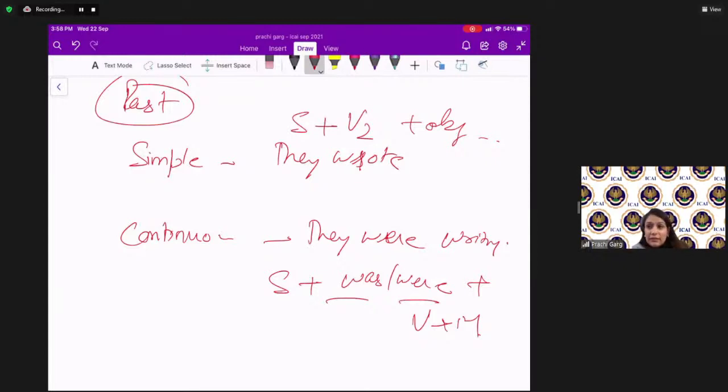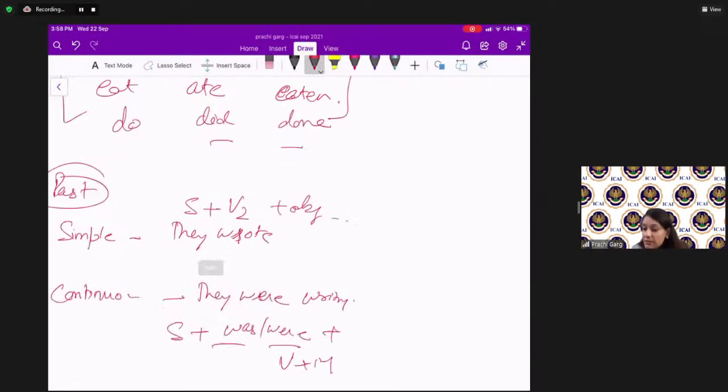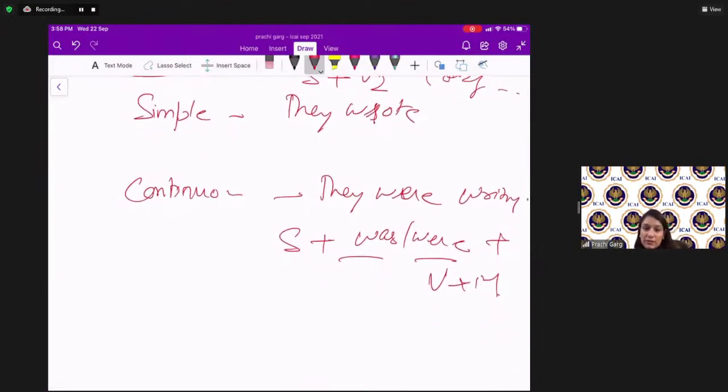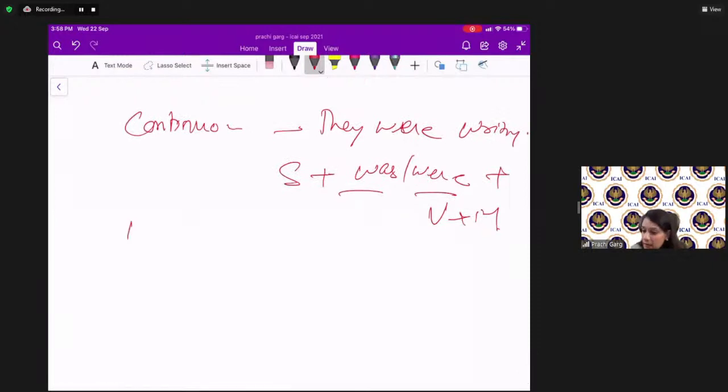So fine, I didn't think we have much time left. Do you want me to do the present, simple present and present continuous also? Because these two are very easy to understand for present also. We'll touch perfect and perfect continuous tomorrow because that will take some time to explain. So in terms of present, also has one simple and one continuous.